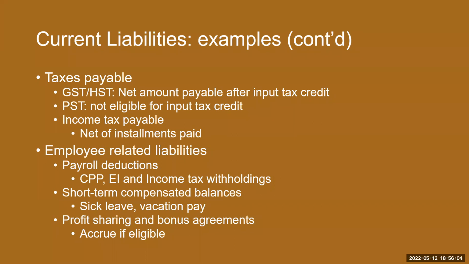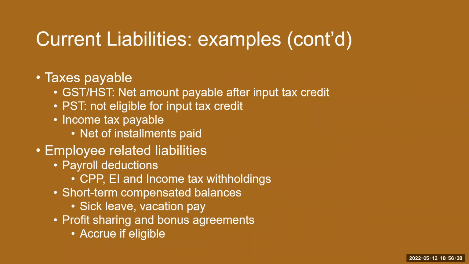Taxes payable. So for a business, there would be taxes on income, as well as, depending on the province, there could be GST, the goods and services tax, or HST, the harmonized sales tax. In the province of Quebec, you have the QST. Then you also have PST, provincial sales tax. So you go to Saskatchewan, for example, they have PST. In BC, they have the HST. In Alberta, we only have GST.